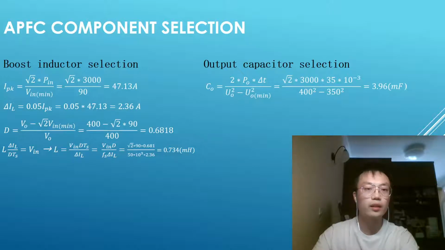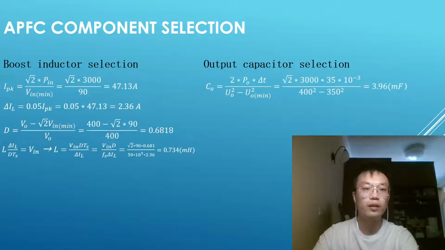When selecting the output capacitor, the second harmonic current, the switching frequency ripple current, the DC output voltage, the output voltage ripple, and the hold-up time are considered. The total current through the output capacitor is the second harmonic of line current and the RMS value of switching frequency ripple current.